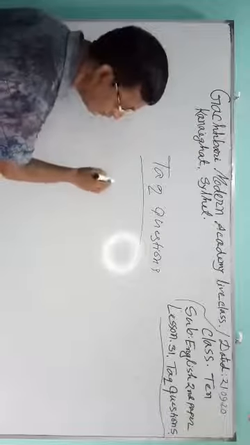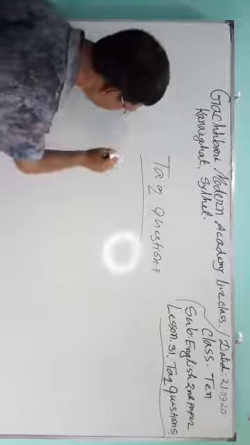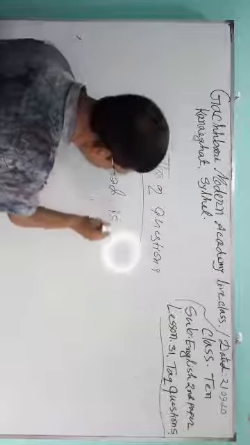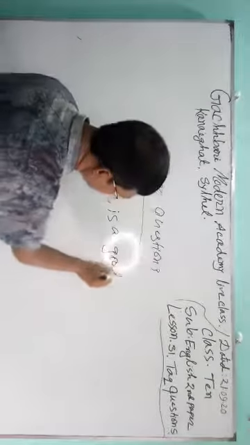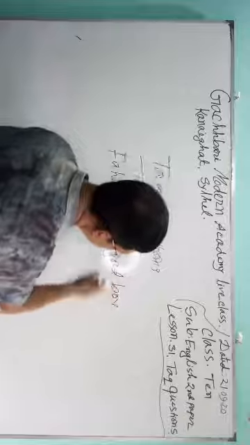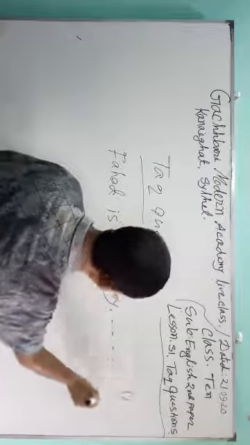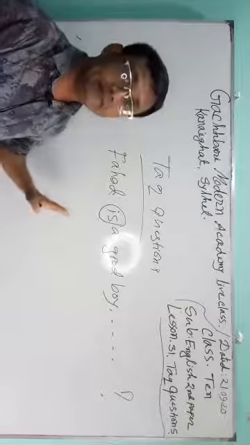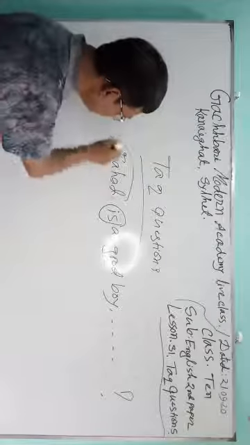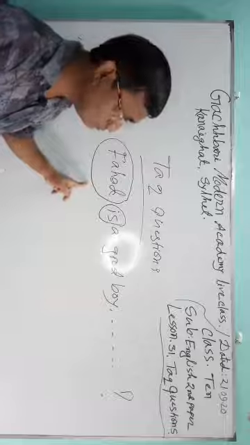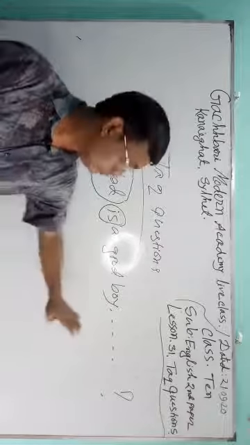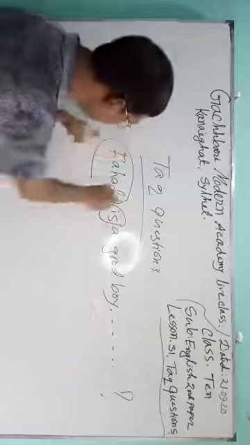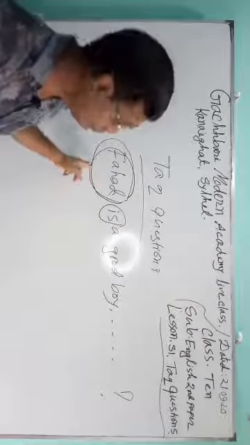Now look, Fahad is a good boy. I discuss a simple matter. Fahad is a noun, but in the tag question you have to use the pronoun of the subject, that means Fahad becomes pronoun.